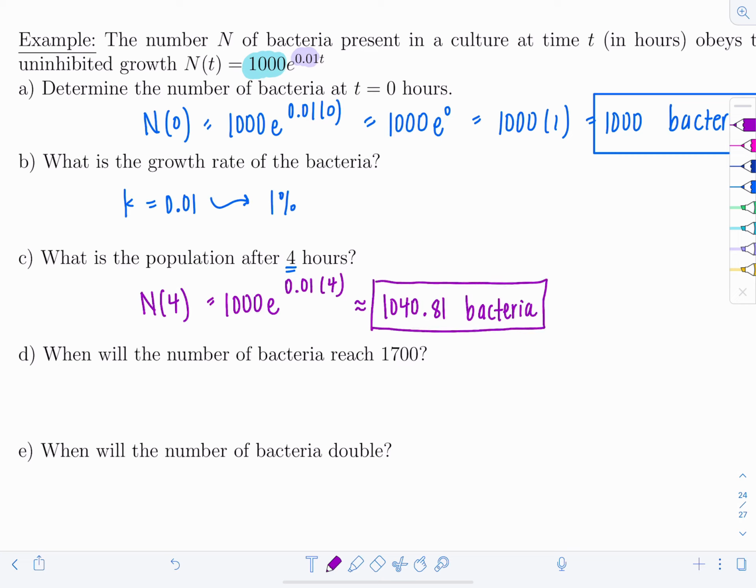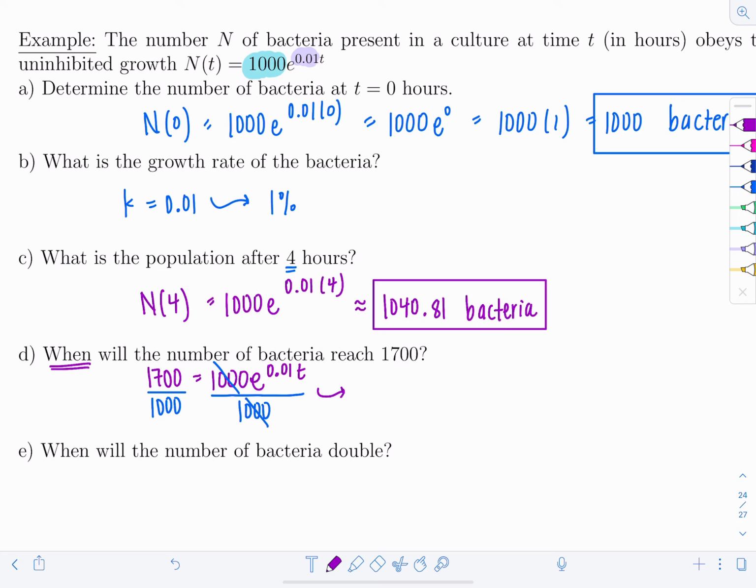The question said when, so we don't know what time is. To start solving for t, I have to divide both sides by 1,000 to get rid of that constant in the front. Well, 1,700 divided by 1,000, that's nice. That's just 1.7, equals e to the 0.01 t.